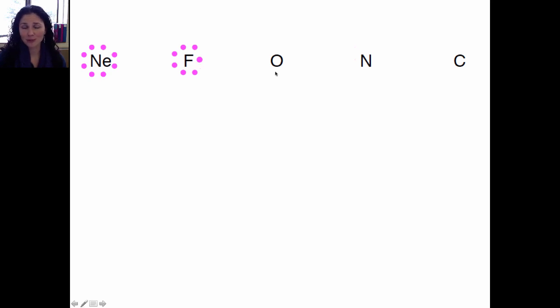Now let's do oxygen. Oxygen is in group 6A, and so it has 6 valence electrons. And so I'll go around the outside, and then I'll start pairing them up. And this is not the only valid Lewis dot symbol, but this is the one that would help you see that there are 2 single electrons, and so there are 2 electrons that oxygen needs to make a complete octet.